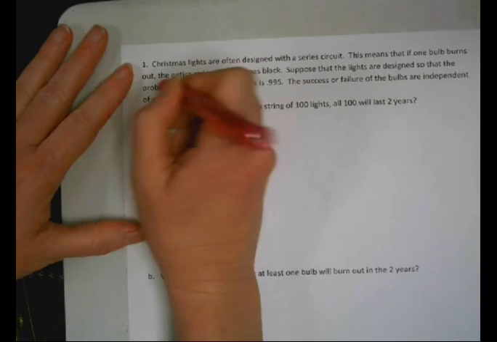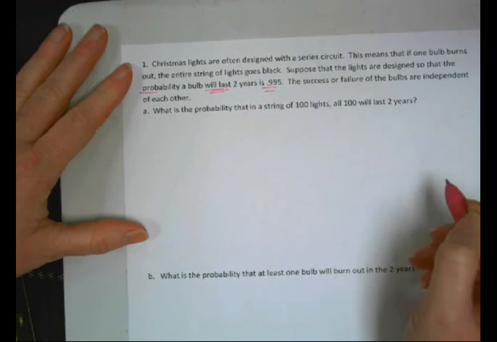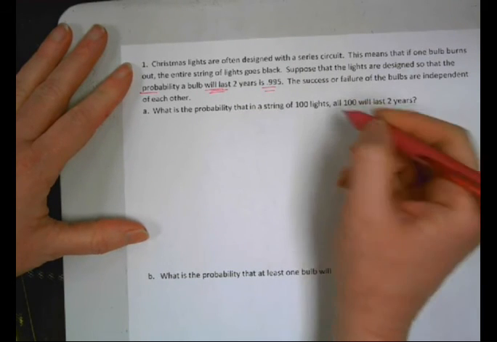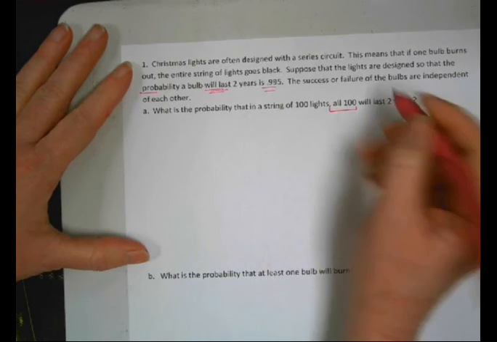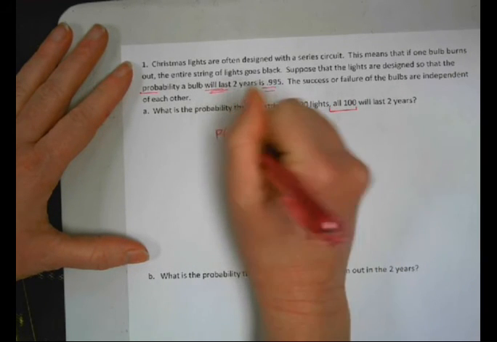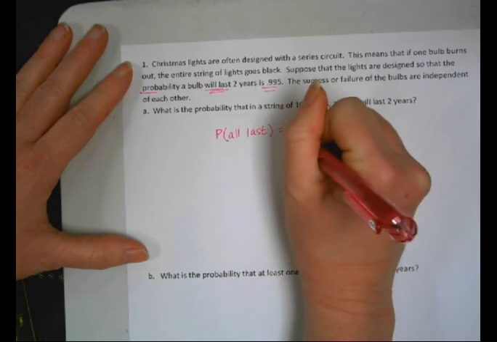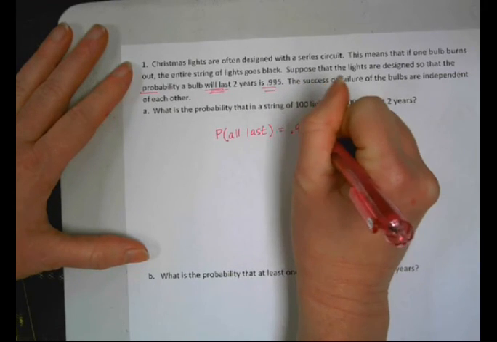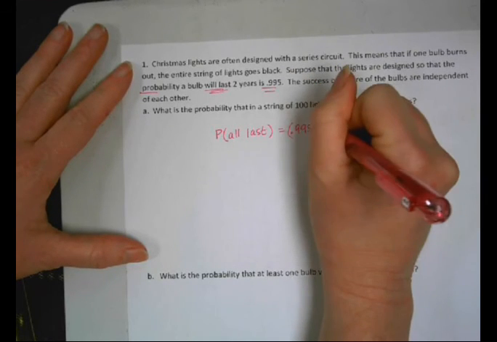Well, the probability that it will last is 0.995. So what's the probability that all 100 are going to last 2 years? Probability that they all last is going to be 0.995 times 0.995, and so on, to the 100th power.